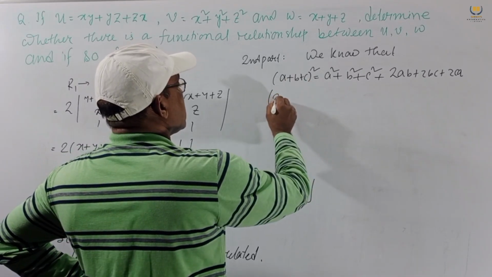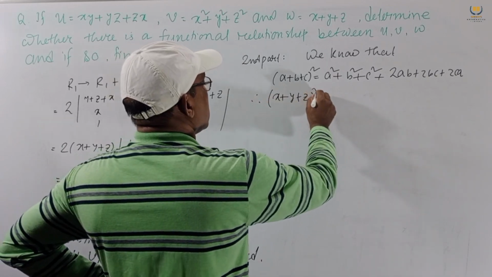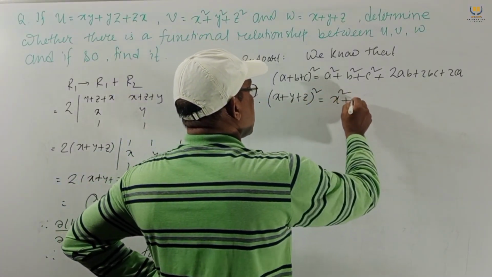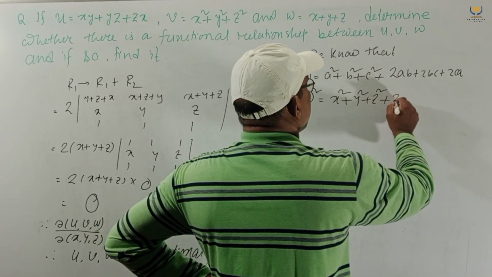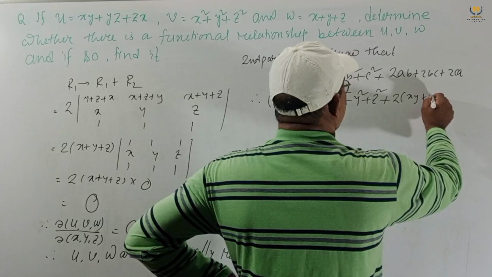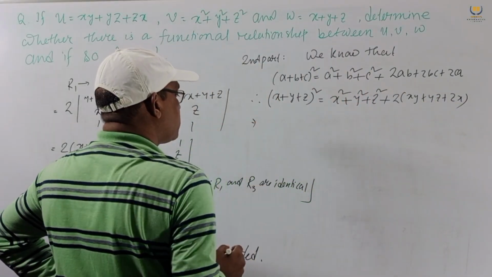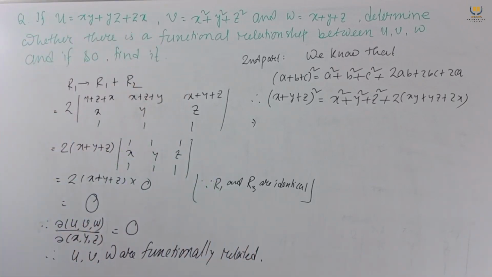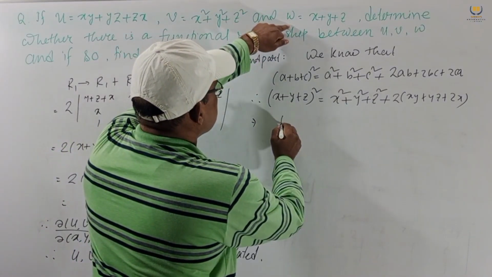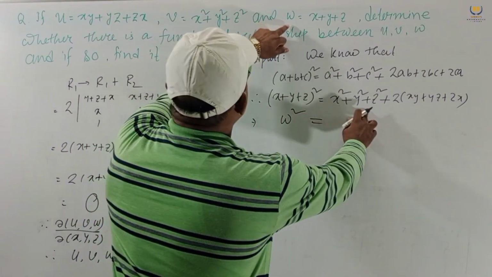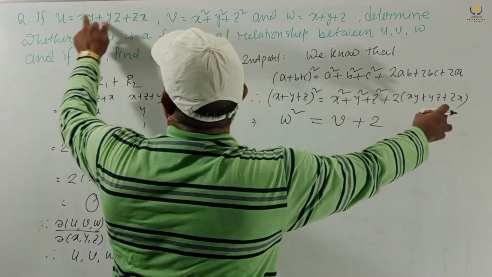In place of a, b, c, if we write x, y, z, then this equals x square plus y square plus z square, plus 2 times xy, yz, zx. Here x plus y plus z means w, so this is w square; x square plus y square plus z square means v; and xy plus yz plus zx means u.